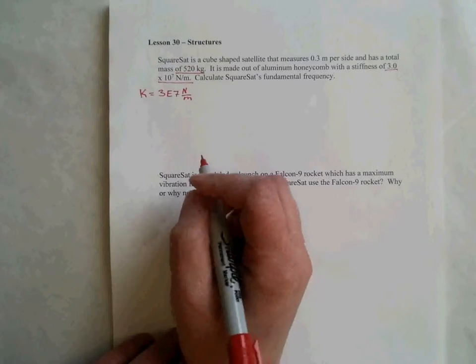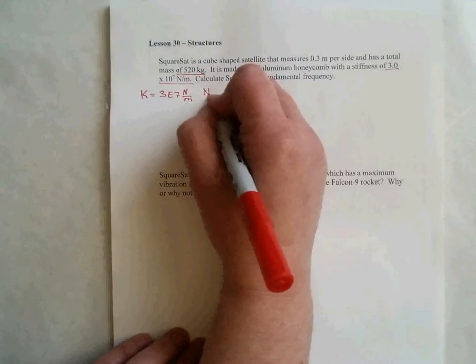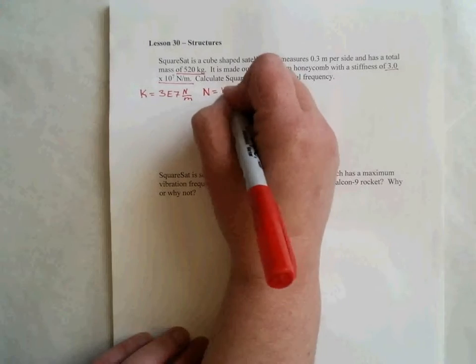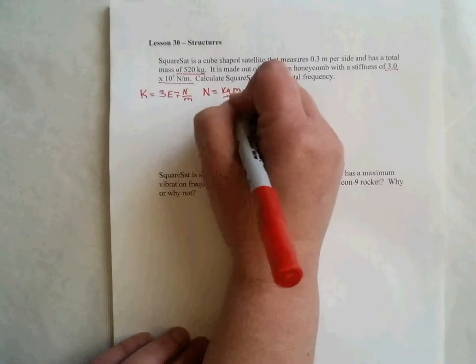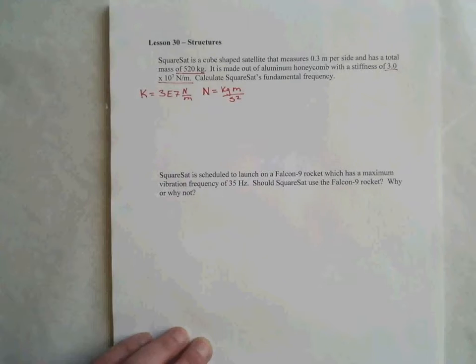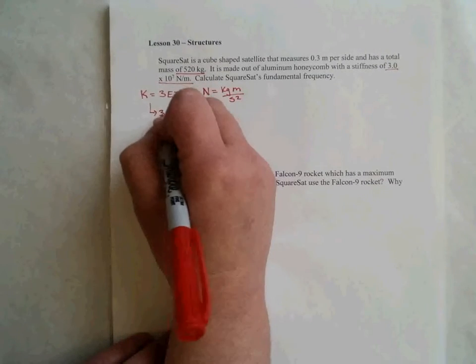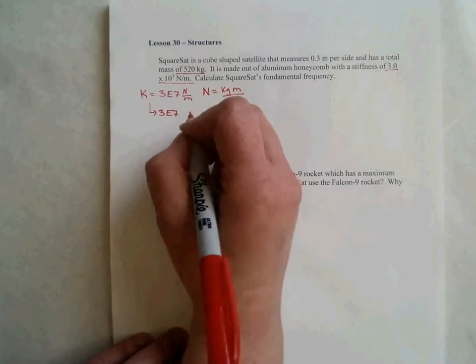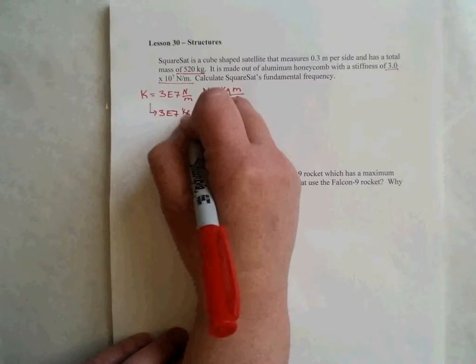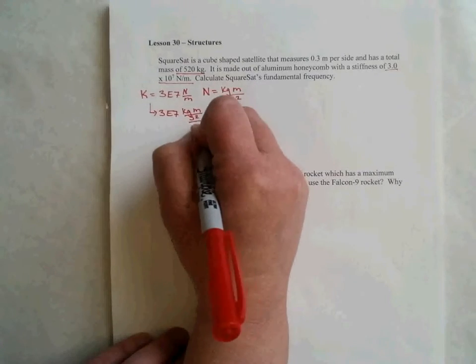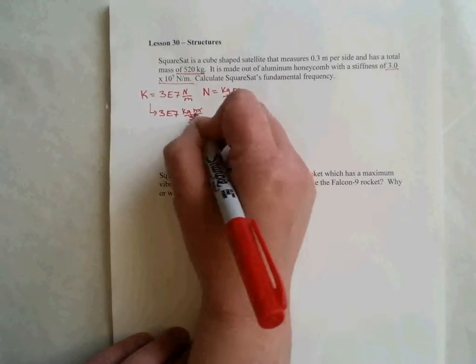And a newton is also equal to a kilogram meter per second squared. So that means my K value is 3 times 10 to the 7 kilogram meters per second squared per meter. So I can get rid of my meters.